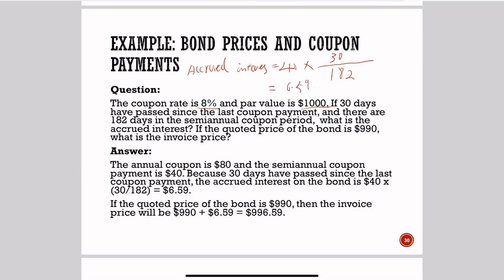And if the quoted price is 990, then as a buyer, we have to compensate sellers for this amount. So the invoice price equals 990 plus the accrued interest, which gives us $996.59.